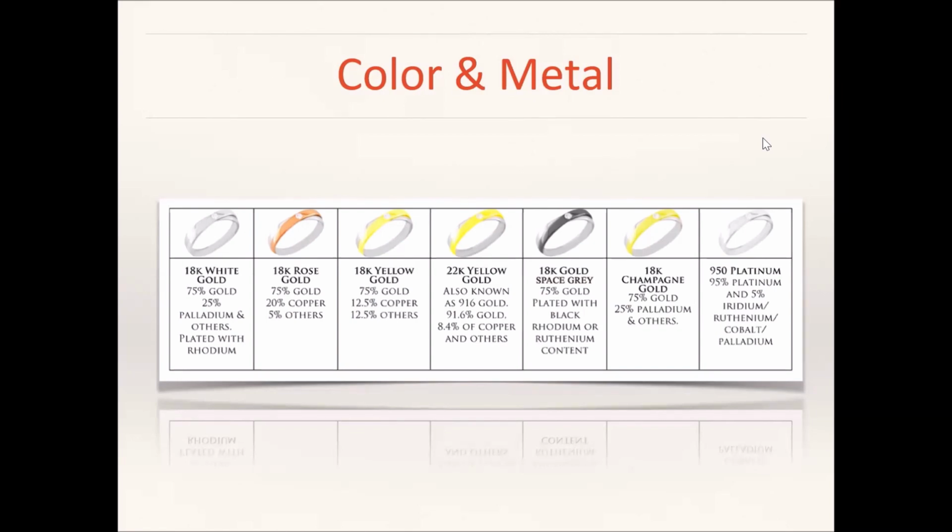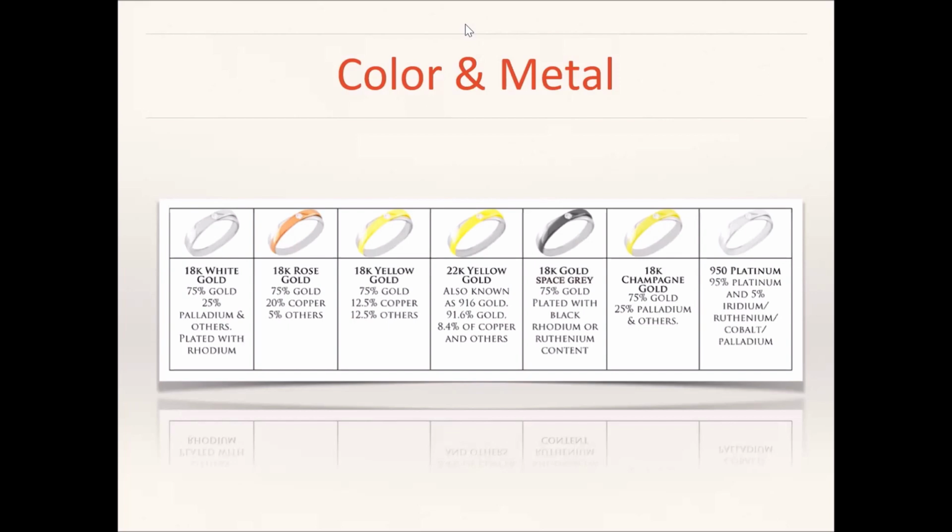Is it plated? It is plated. But do you notice that we have designed it quite smartly? The black gold is on the indented area of the design rather than on the surface, because if it's on the surface, it's easy for you to scratch it off. But when the black gold is inside, it is easier to maintain.